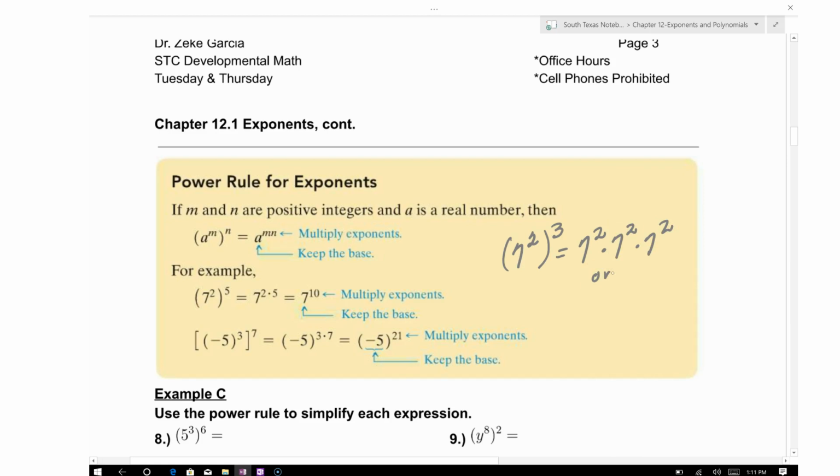Or you can just simply multiply 2 and 3, since you have 3 sets of 2. So it's 7 raised to the 6th power. Just like they have here, we have negative 5, and that's raised to the 3rd power. And it's raised to the 7th, so all you have to do is multiply. And you have negative 5 raised to the 21st power.